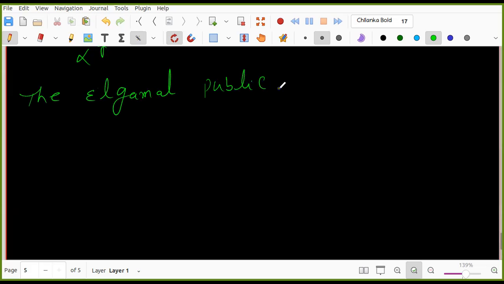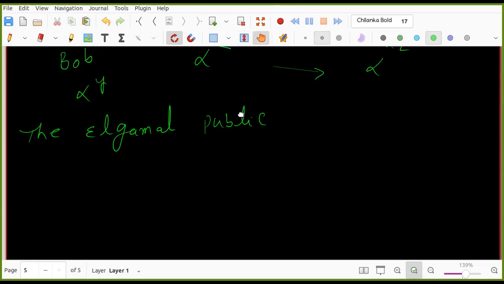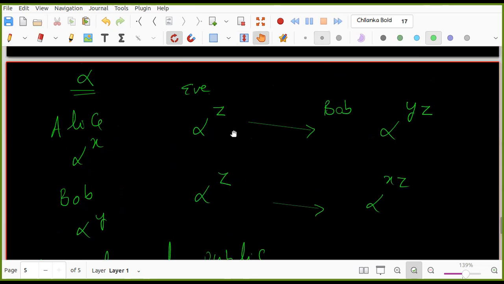If Eve multiplies alpha power x sent by Alice by alpha power z, then Bob will receive alpha power x plus z, right? And he will raise it to the power y.